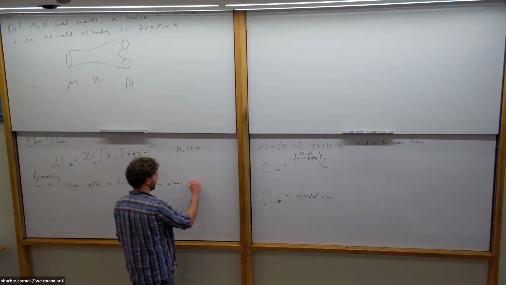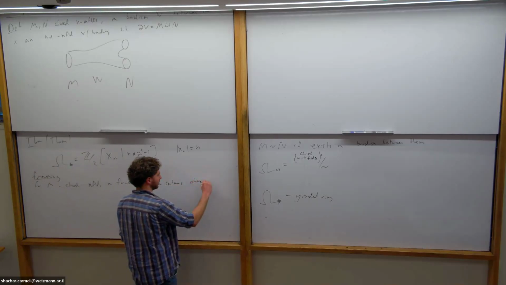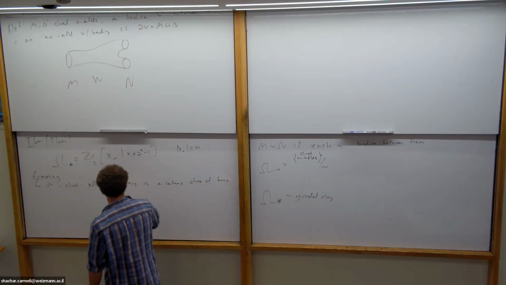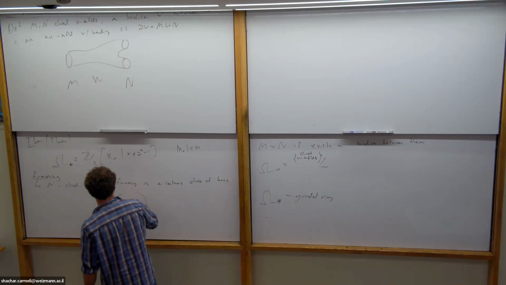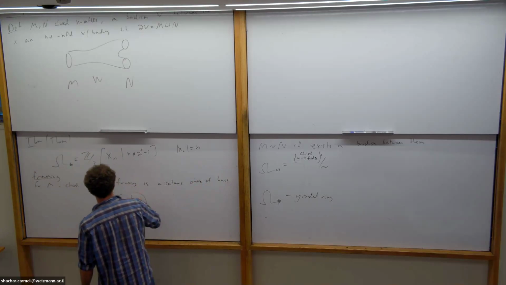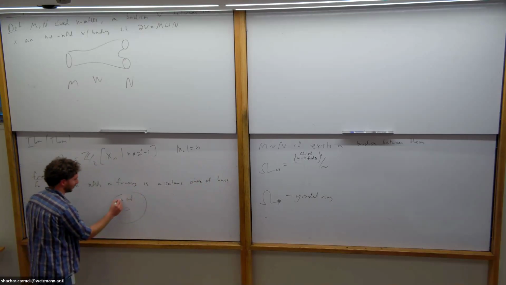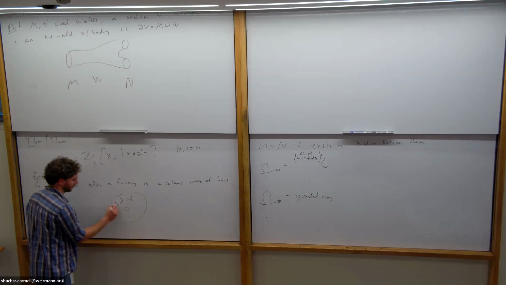It is a continuous choice of basis. So if we have M, then we want to choose a basis at every point, and we want this to vary continuously.